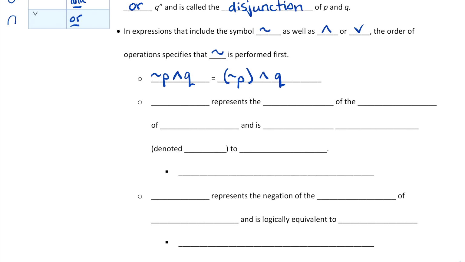All right, now let's look at the negation of something in parentheses, a logical statement that's in parentheses.